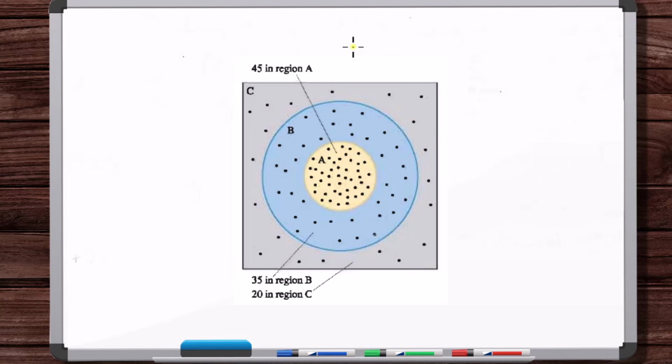And then there's also the idea of expected value: if you're going to throw 10 darts, how many do you expect to land in C or B? All you do there is multiply the probability of throwing a dart into B times the 10, the number of darts.